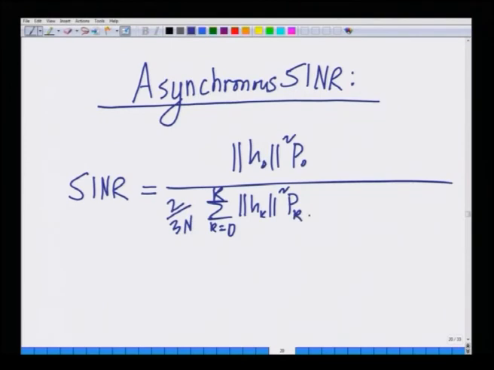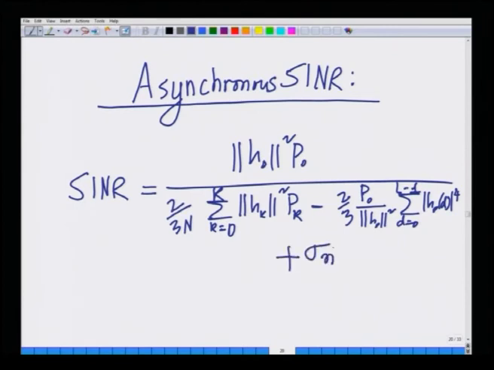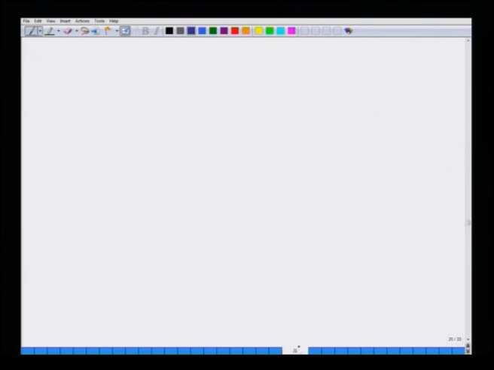Observe this factor of 2 over 3n arising from the asynchronous nature, minus 2 over 3 p naught divided by norm h naught square summation d equals 0 to L minus 1 h naught d to the power of 4, plus sigma n square. The sigma n squared factor does not change, that remains as before. There is a 2 over 3n, hence the net expression.